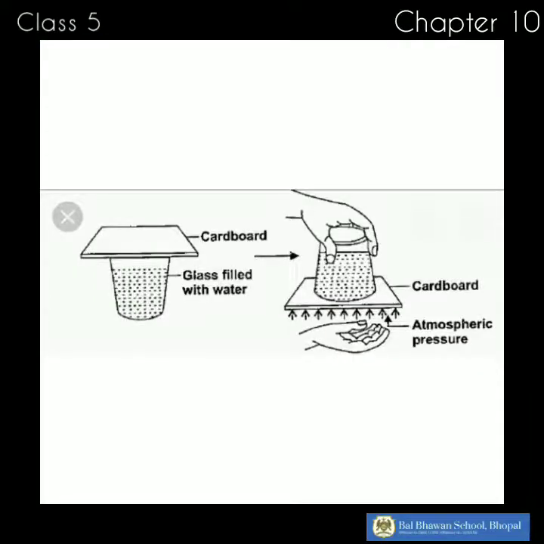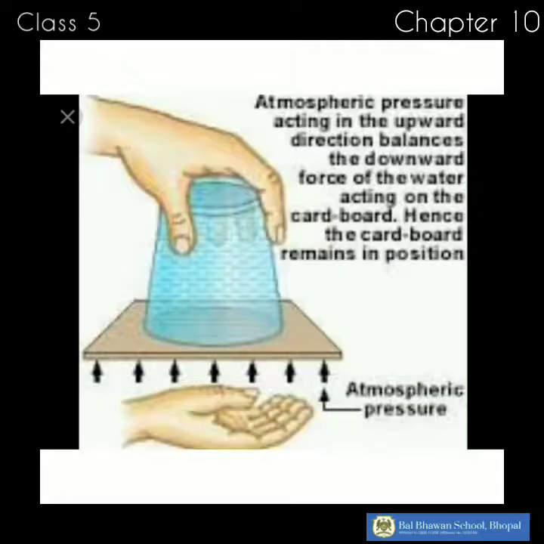Take one cardboard, take a glass filled with water. Now, move it upside down. You will find that the cardboard does not fall down and water is not spilled. The weight of the water is balanced by the atmospheric pressure. So this experiment shows us that air exerts atmospheric pressure.